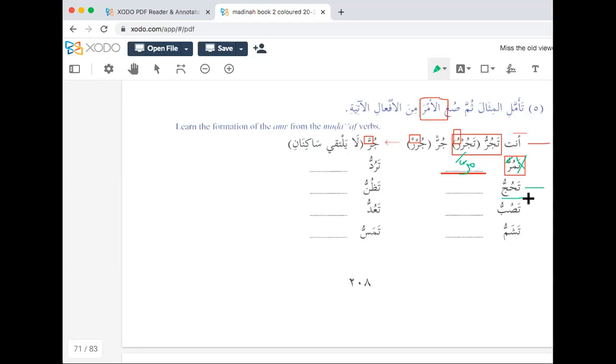What's important is that you remove the harf al-mudari' and then change the last letter to a sukoon, and that will cause two sukoons to come together, and therefore you change it to a fatha, and then you just read it like you have here, jurra, murra, and the example of hajja yahujju.